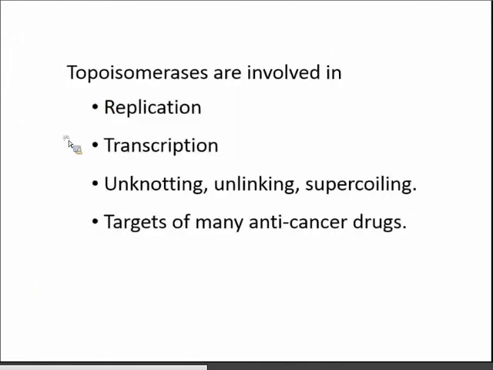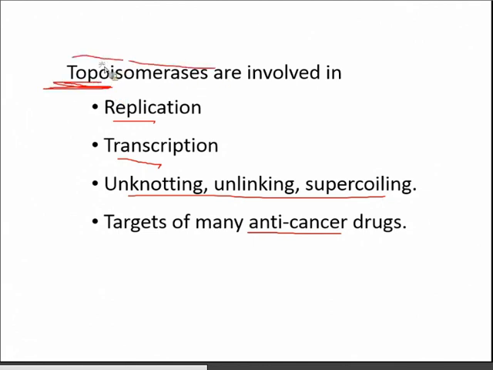Topoisomerases are vital in replication, transcription, unknotting, unlinking, and supercoiling. They're the targets of many anti-cancer drugs as well as many antibacterial drugs. Fortunately, I'm not taking any antibacterial drugs at the moment for my cold, but if I did, I would look it up and find out if it is a topoisomerase poison.